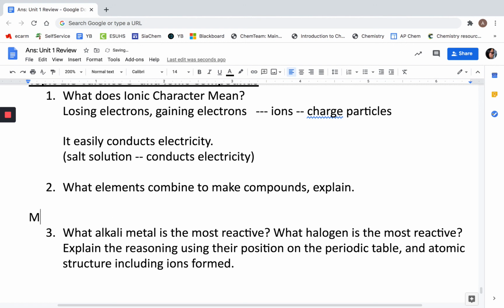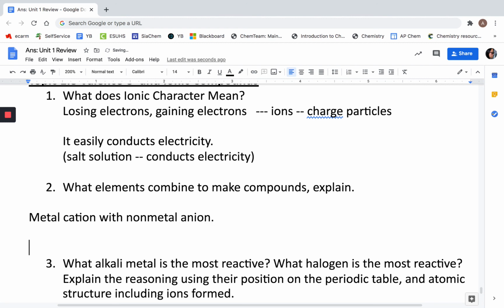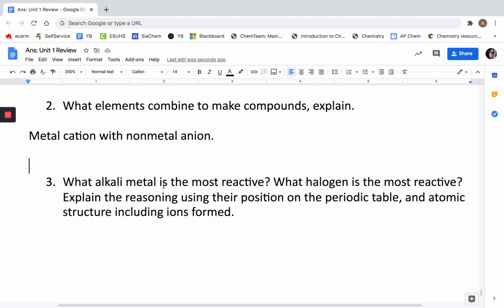What element combined to make compounds? It is metal cation usually with non-metal anion. Okay, one gains, one loses, and so that's what it is. Explain. Okay, explain just means that a compound is made out of ions.